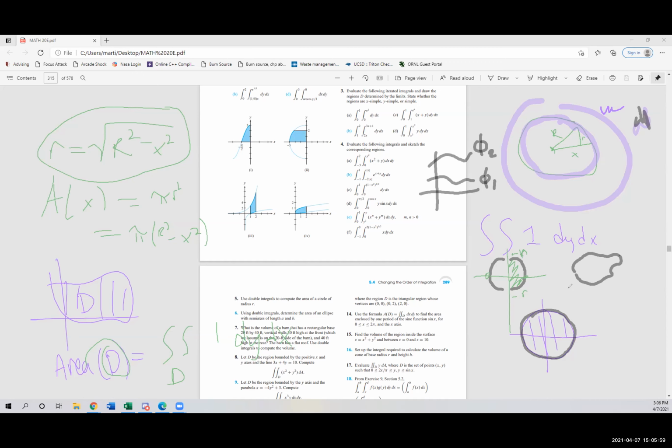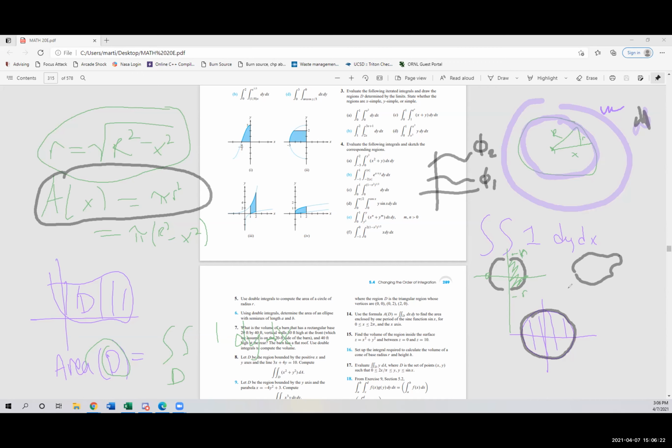Close. When we did this one, I was using this thing called Cavalieri's principle. That was actually for volumes, interestingly enough. That's a really general method for finding volumes.